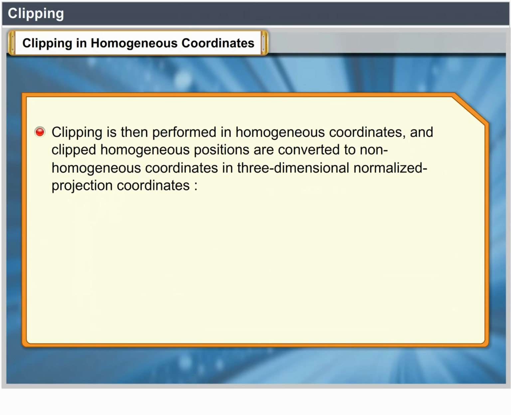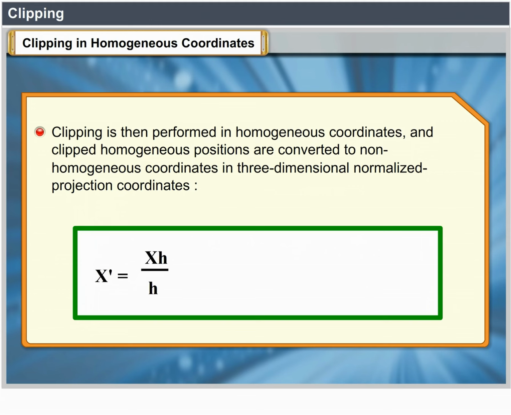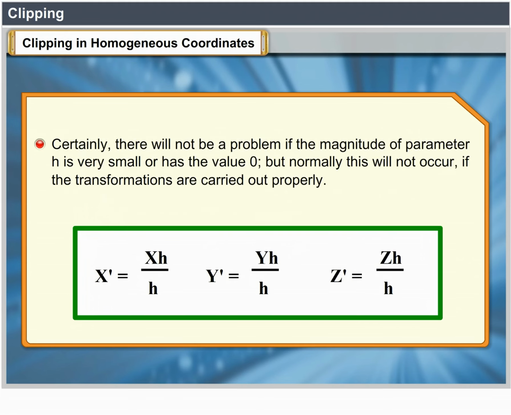Clipping is then performed in homogeneous coordinates, and clipped homogeneous positions are converted to non-homogeneous coordinates in three-dimensional normalized projection coordinates. x' equals xh over h, y' equals yh over h, and z' equals zh over h. We will of course have a problem if the magnitude of parameter h is very small or has the value 0, but normally this will not occur if the transformations are carried out properly.